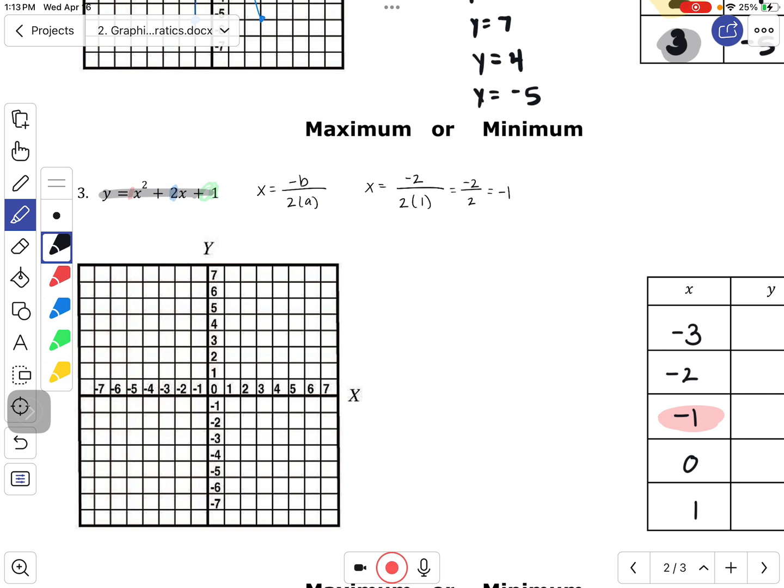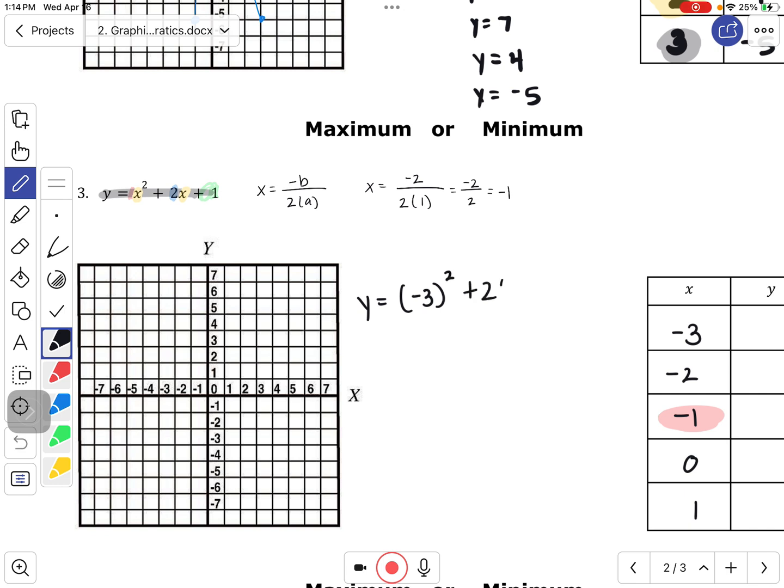I'm going to start at the very top with that -3 for my x. And I'm just going to fill in this x and this x with that -3. So I'm going to say y equals, it's just an x right now, so I'm just going to put that -3 where that x is, squared plus 2 times -3 plus 1.